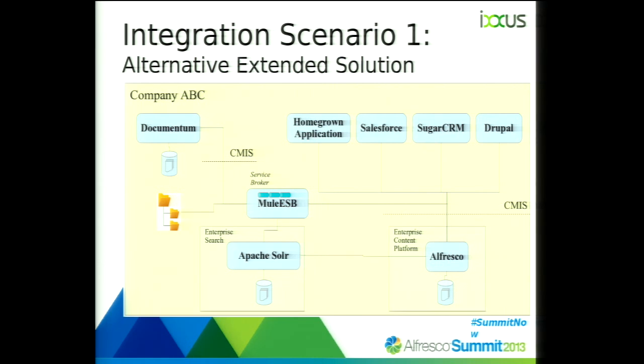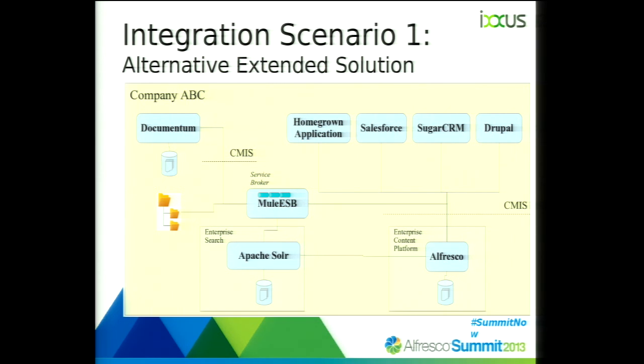And you can bring in an ESB, Enterprise Service Bus, like Mule, and use it to process content. Let's say you have millions of documents in Documentum. You cannot just say, we're going to migrate that on Friday and then be done. That's not going to happen. It takes a long time.